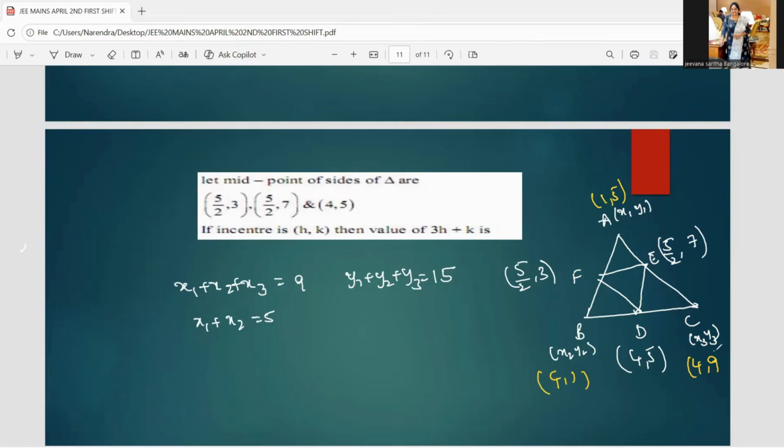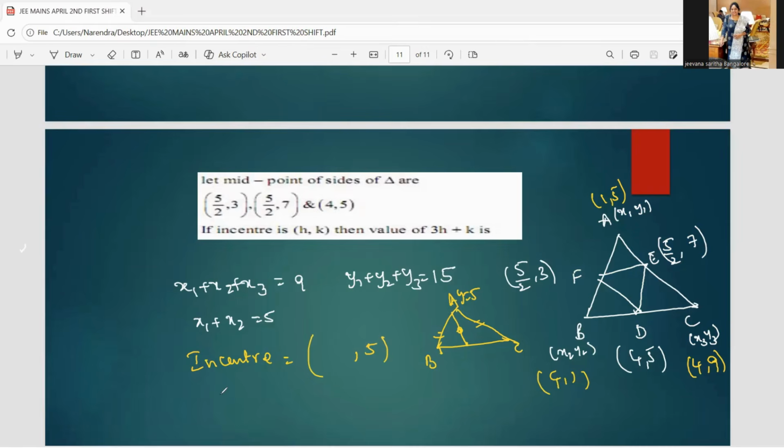So we identify that it's going to be an isosceles triangle. In an isosceles triangle, if these two sides are the same, the altitude and bisector coincide. So that means this is the line y is equal to 5. The incenter lies on the line y is equal to 5, so for the incenter we already got the y coordinate to be 5.